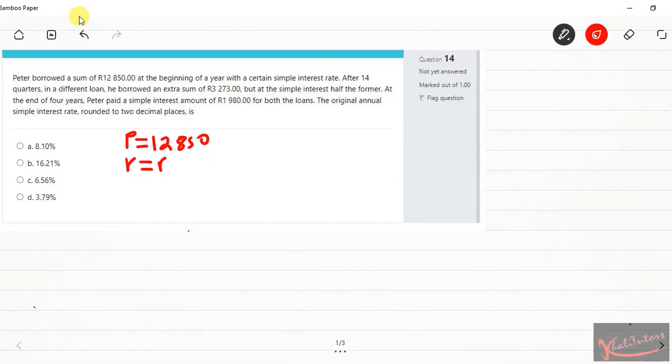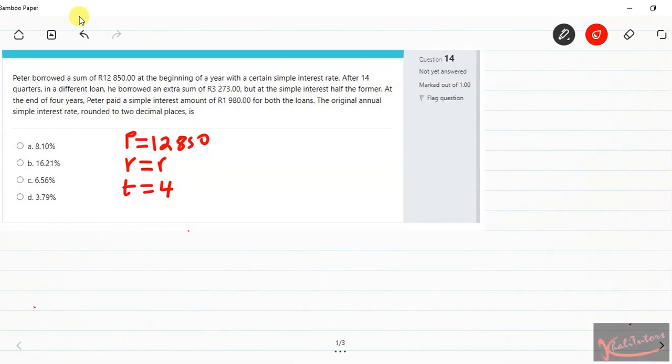It's after 4 years, so we're going to have time, which is given in years, as 4 years. So for the first loan, he borrows 12,850 at a simple interest rate that is not known for 4 years.